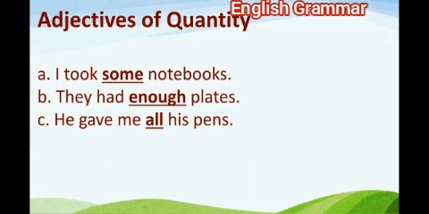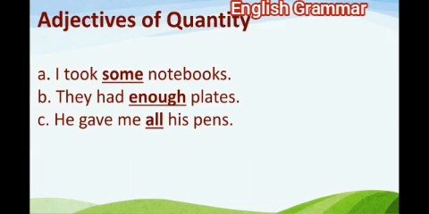Okay? So adjectives of quantity don't put a number to it, but tell you the size, how big or how small, how much or how little. Okay? So adjectives of quantity tell us the size. When we don't want to use the number of nouns, we use adjectives of quantity.